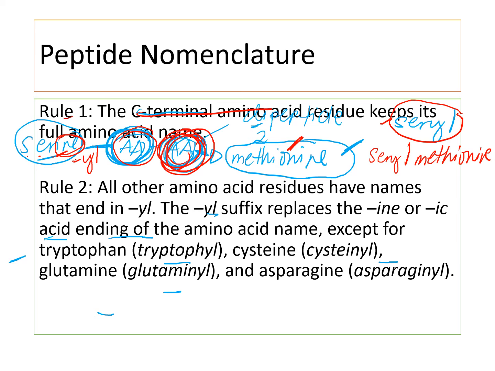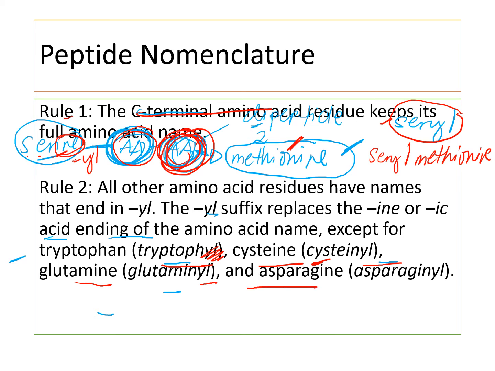For the tryptophan, all we have to do is remove the AN and attach YL. So we will have the term tryptophyl. For cysteine, cysteinyl. For glutamine, glutaminyl.